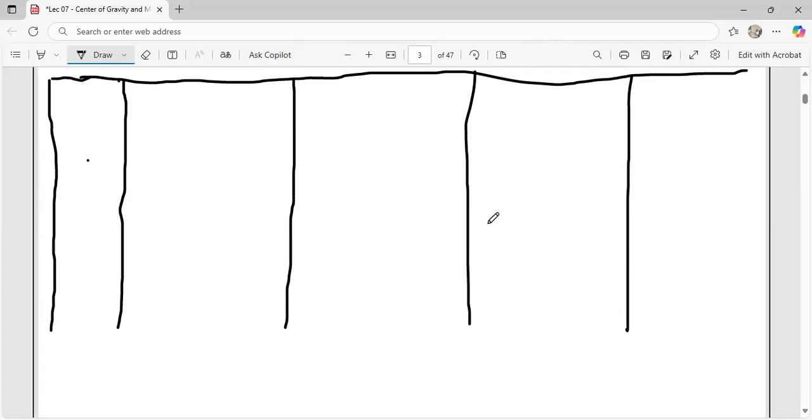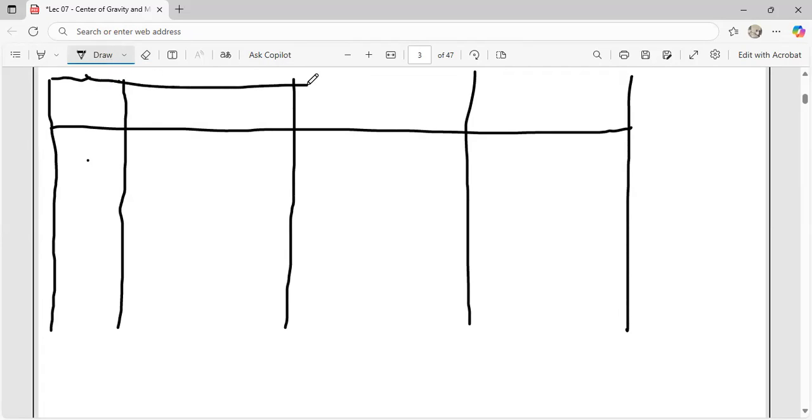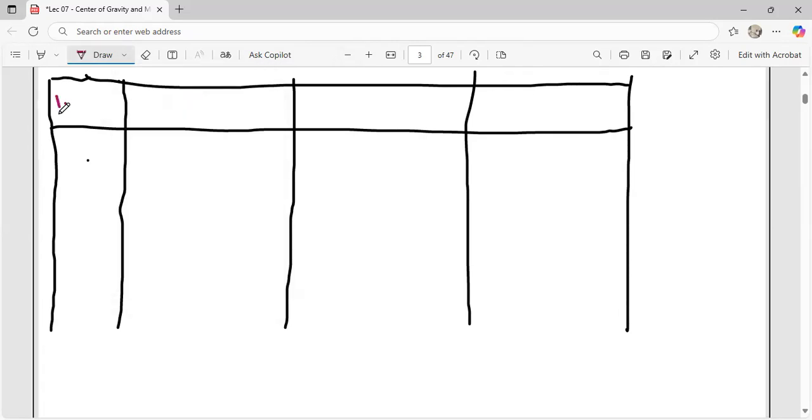So after constructing the four columns, it means that we have to label the table. As we learned from previous lectures, the very first one is our parts. So we write over here parts. Then secondly, we write over here the area.